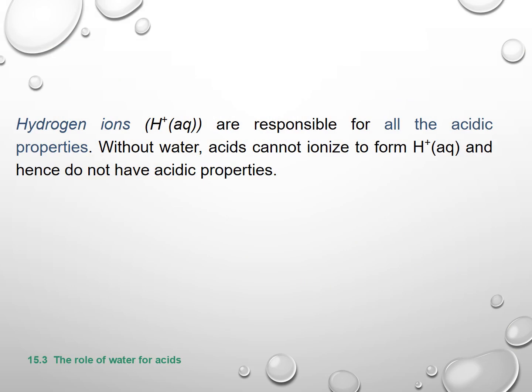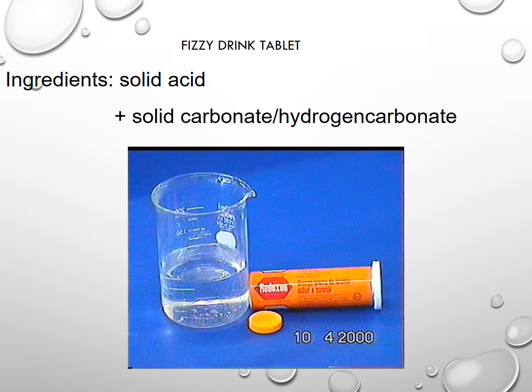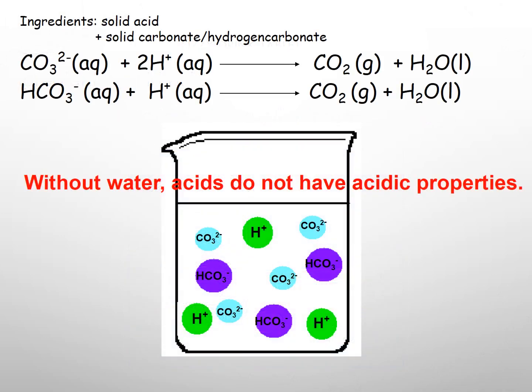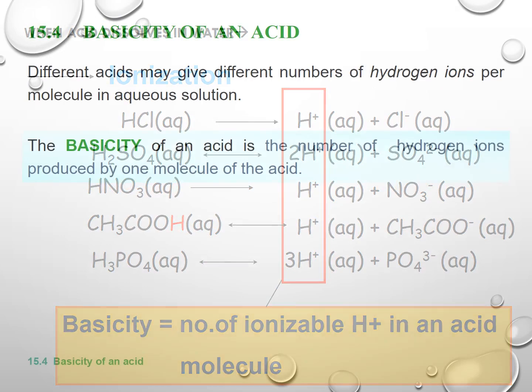Experiments show that hydrogen chloride dissolved in water conducts electricity and reacts with metals and carbonates. However, hydrogen chloride dissolved in a non-aqueous solvent, such as methylbenzene, does not show these properties. This proves that water is necessary for acids to produce hydrogen ions.